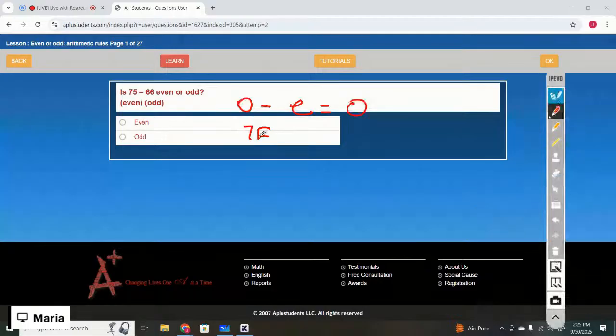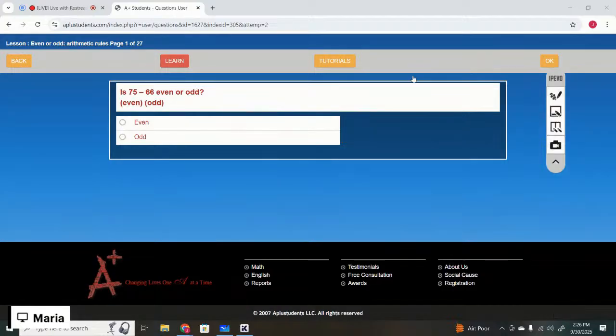So 75 minus 66 is 9. 9 is an odd number. Option number 2 is the correct option, odd it is.